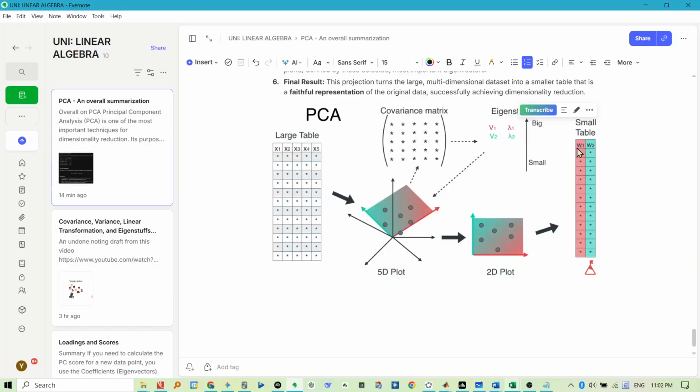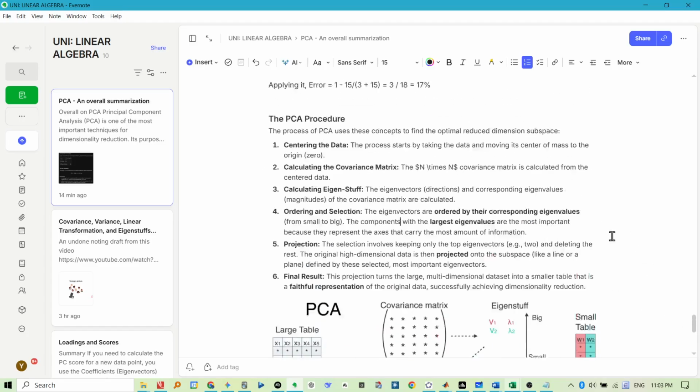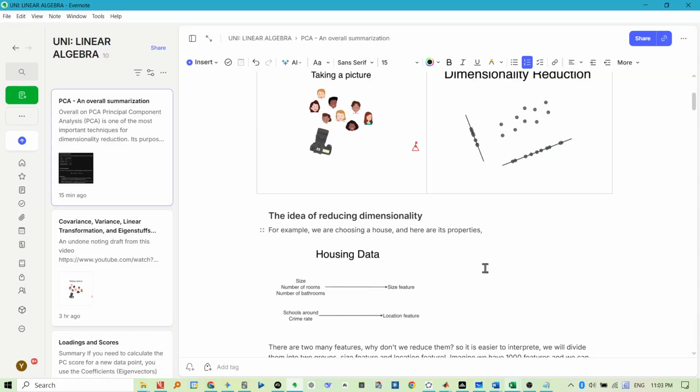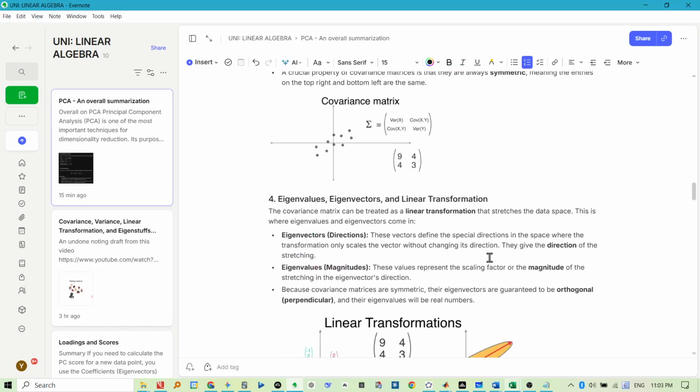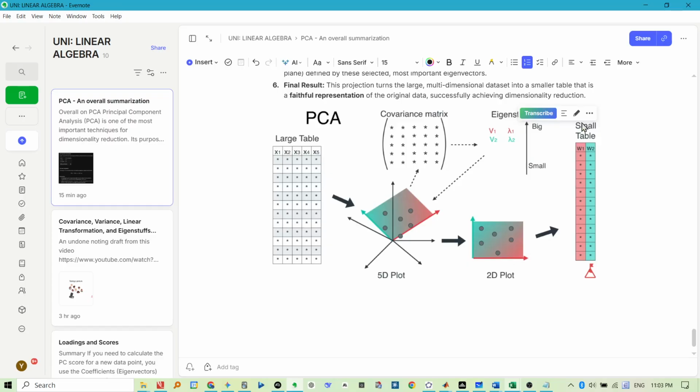And we can name them W1 and W2, like we named the size feature and the location feature in the beginning example of housing data. We create a smaller table but retain as much information as possible.